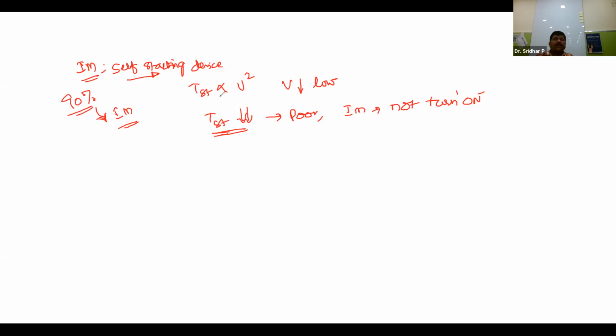The starting torque is directly proportional to the square of the supply voltage. If the supply voltage is poor, if the voltage is not maintained properly, if it is lower than the specified value, then the starting torque will be reduced further. Then if the starting torque is poor, this induction machine may not be self-starting.